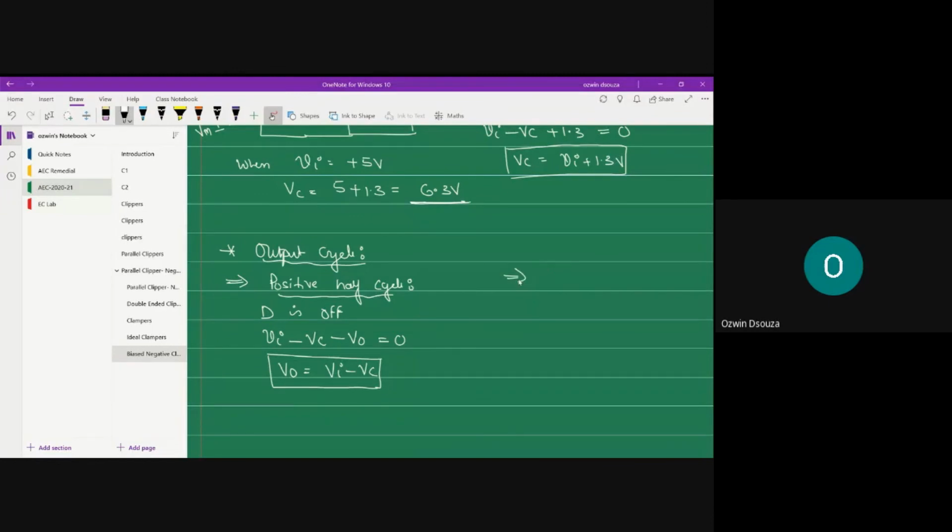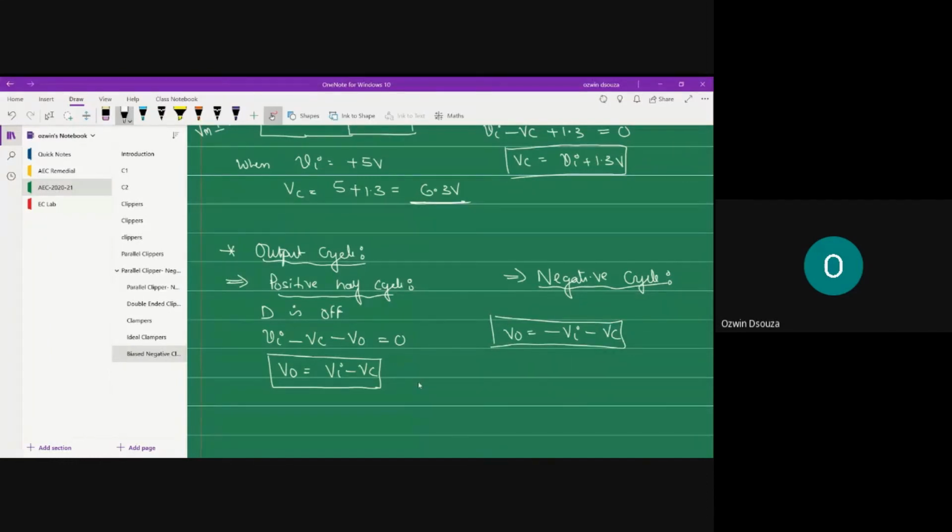Side by side I will also write the KVL equation for negative half cycle. Very simple. V naught is equal to, for positive half cycle you will get plus Vi. For the negative half cycle you will get minus Vi. That's all. Then the rest remains the same. So this is the KVL equation for negative half cycle.